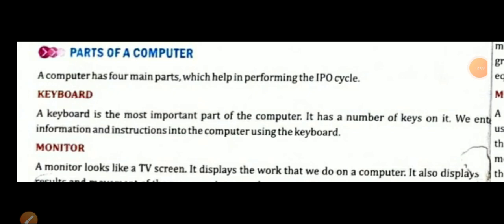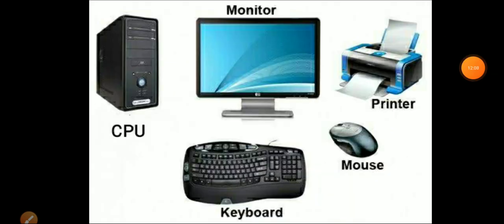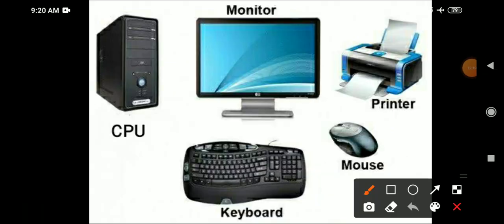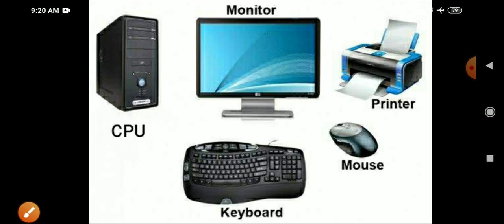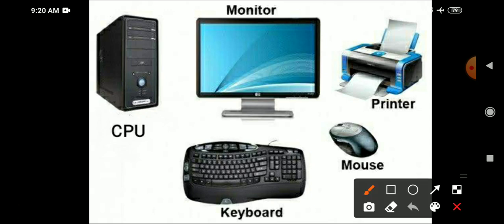Now our next subtopic of this chapter is parts of a computer. These are the main parts of a computer: monitor, printer, mouse, keyboard, CPU, right? Now we will learn about all these parts in detail. Let us learn about the keyboard. What is a keyboard?